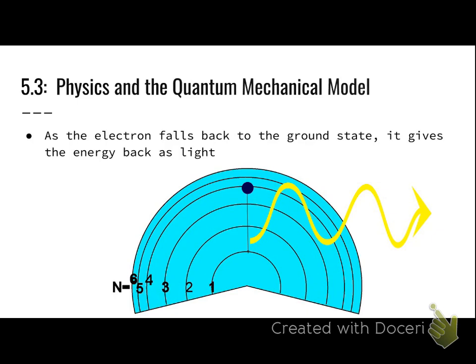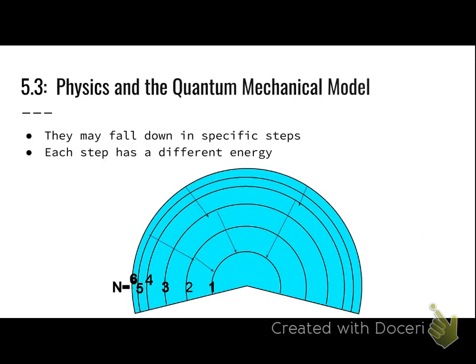The electron can't stay in its excited state, though. It's going to end up having to move back to the ground state. And whenever it does this, it's going to release the energy that it absorbed as a photon. This is what's going to produce the light that we see coming off of the electrons. There are different options for how the electron could fall back.